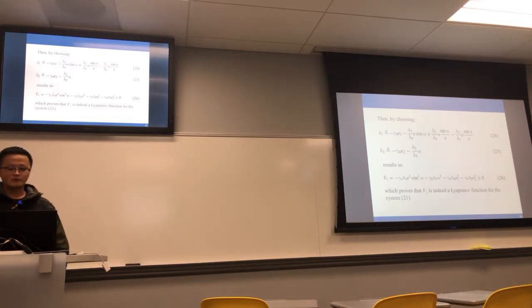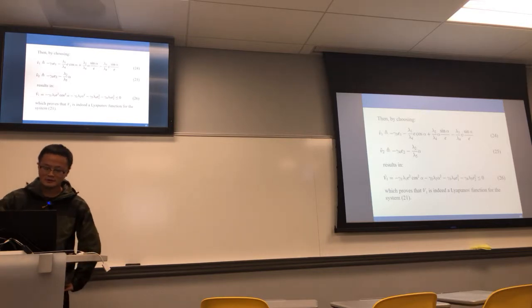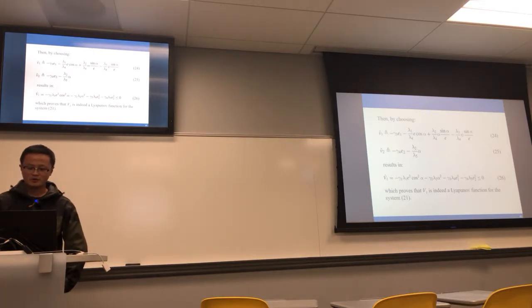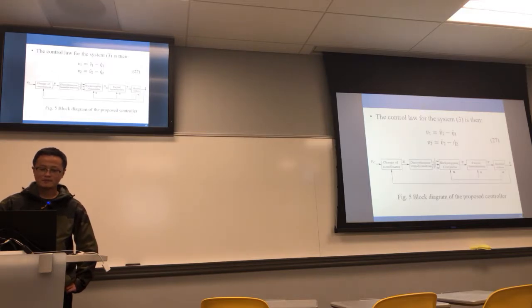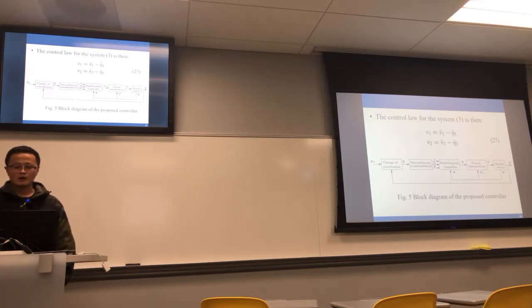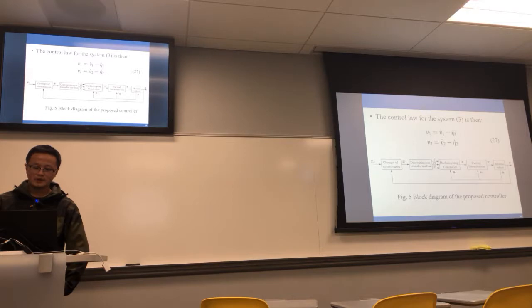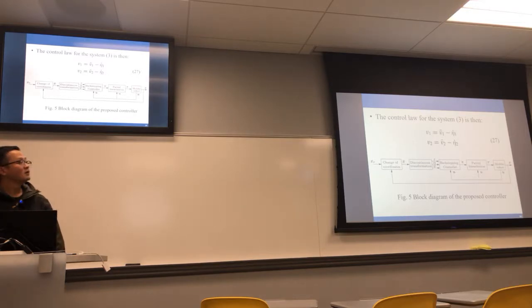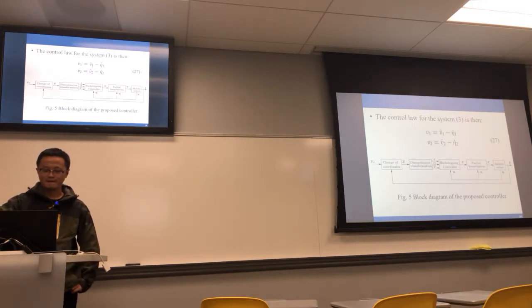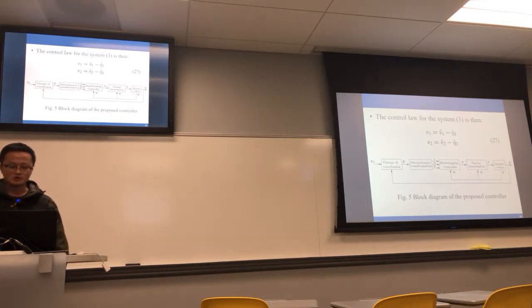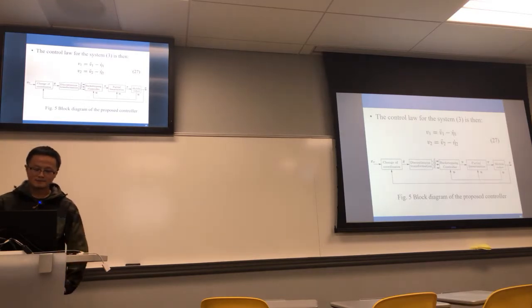This proves that V1 is indeed a Lyapunov function for the system 21. Then eventually we get mu1, and we get eta 1. This picture 5 shows the whole process of the controller design.